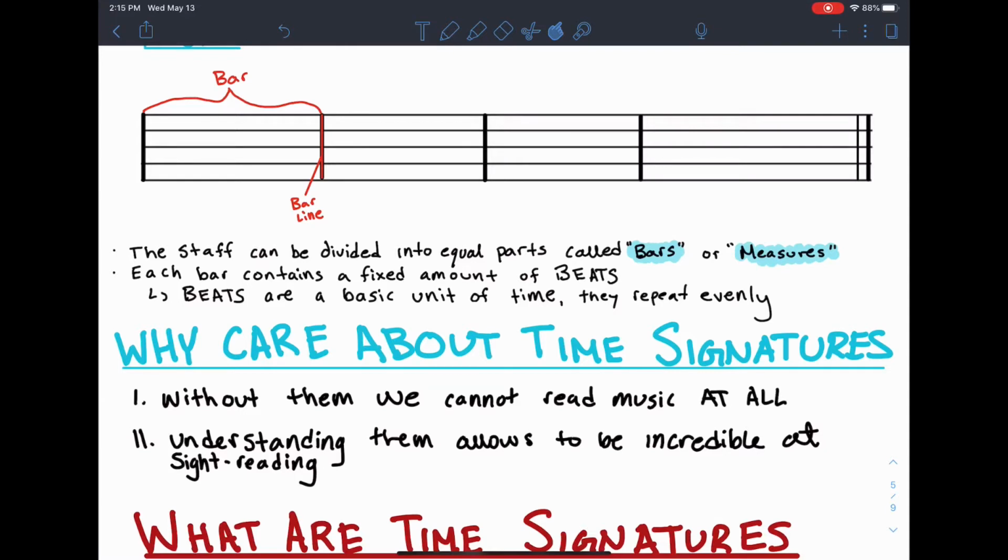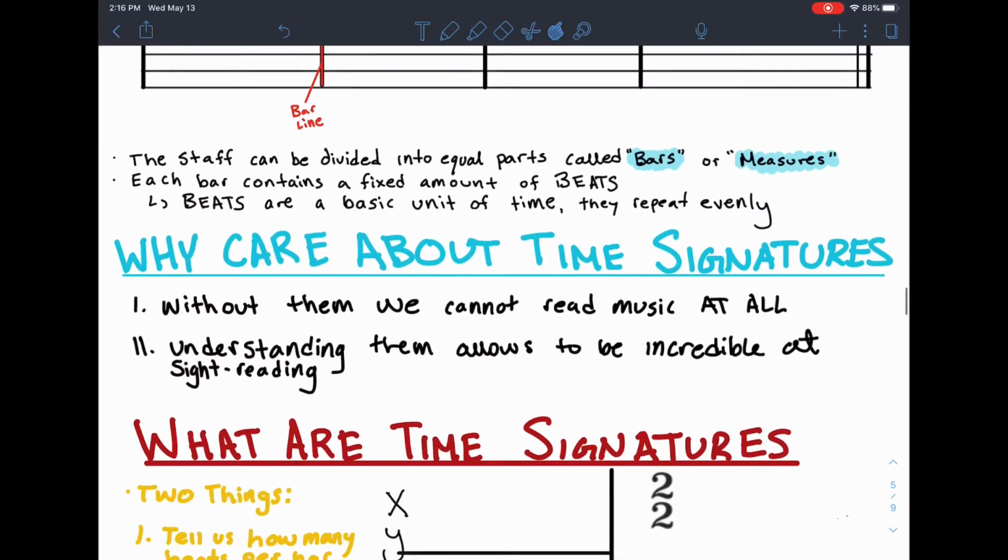Secondly, understanding time signatures gives you a very adaptable skill of sight reading. A lot of musicians, non-percussionists included, struggle with sight reading because of rhythm. If you have a strong understanding of time signatures, sight reading, which is reading music on the spot, becomes a lot easier. These two very important skills become infinitely easier by understanding time signatures.